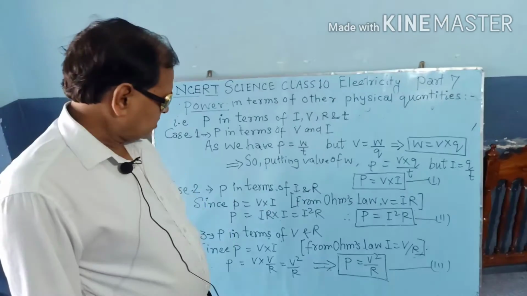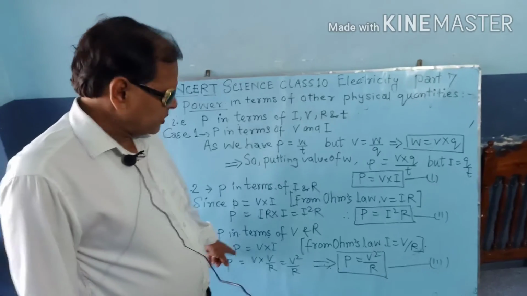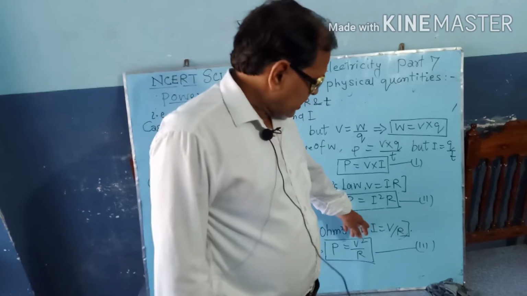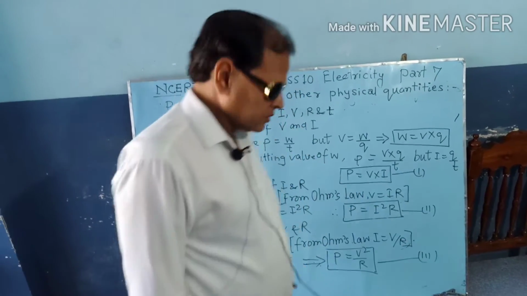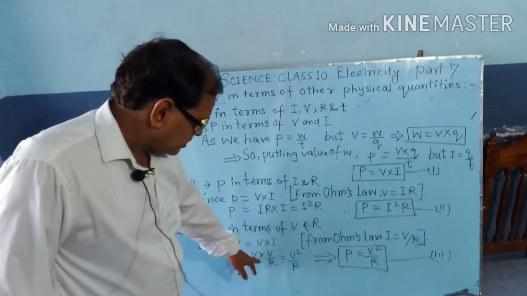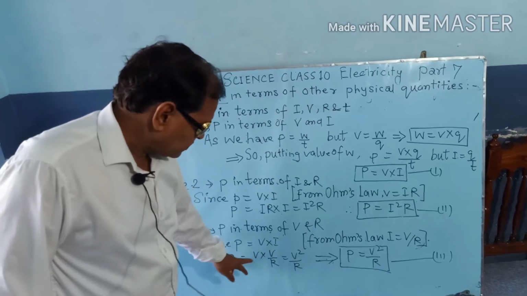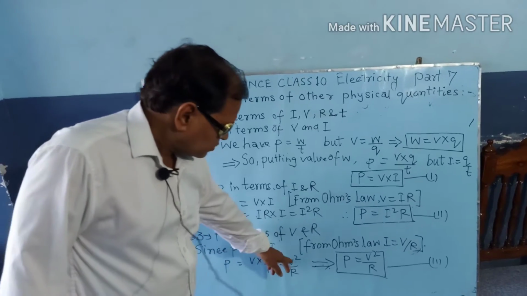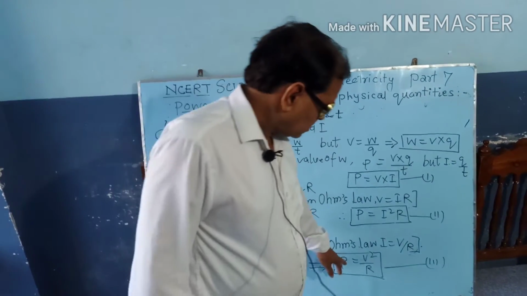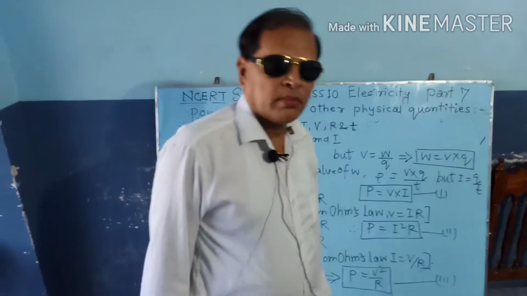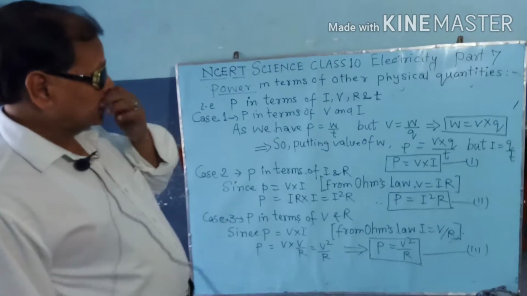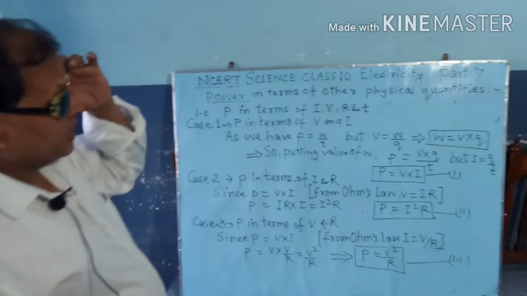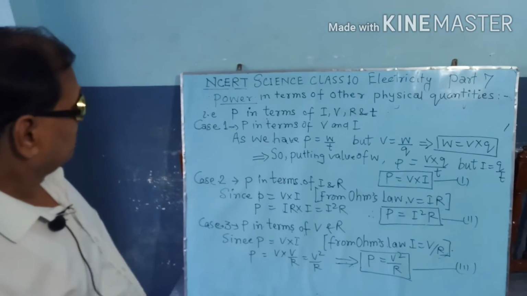Same case, the first equation will be taken: P is equal to V into I. Now from Ohm's law, I is equal to V by R. So in place of I, we write V by R. V is already present here, so V into V by R is V square by R. So we get the relation P is equal to V square by R. In this way we have seen that power can be expressed in terms of I, V, R and T.